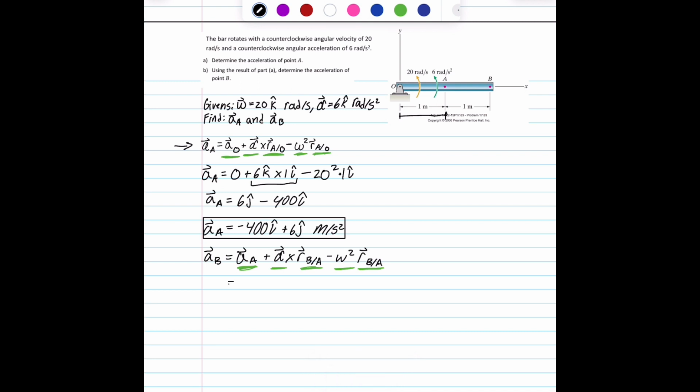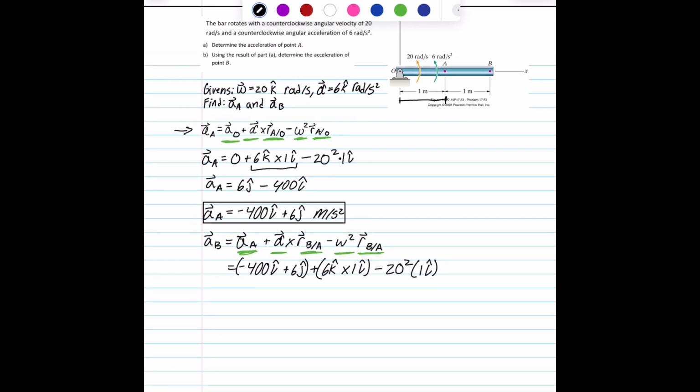Plugging in our knowns, we'll put the acceleration of point A right there, and then add the angular acceleration, and cross it with the position vector from A to B. Then subtract the angular velocity squared, and multiply that by the position vector from A to B, which is, again, 1 meter.